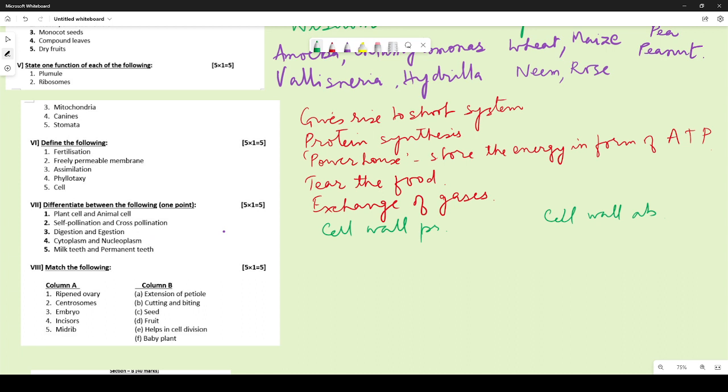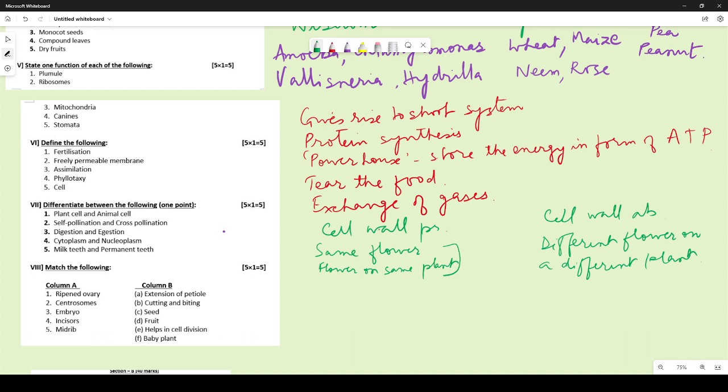When the pollen falls on the stigma of the same flower or a flower on the same plant, right? Then it is self-pollination, and if it is on a different flower on a different plant, remember, then it is cross-pollination. So that is a difference.